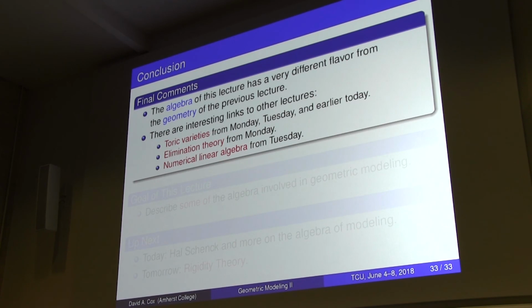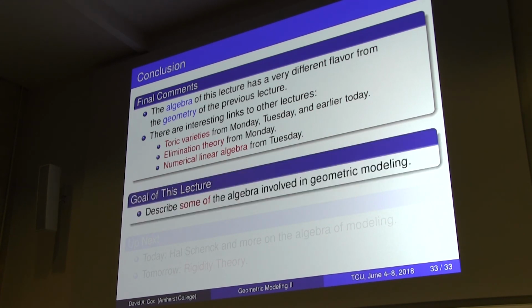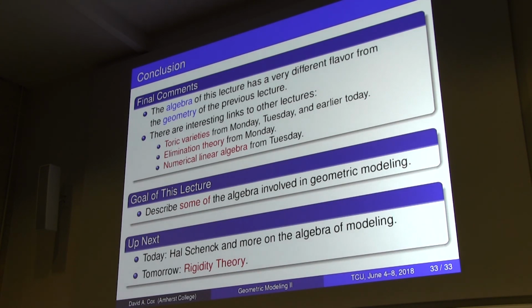We saw some elimination theory, and also with the curved surface and surface-surface intersection, there's actually some numerical linear algebra working there in what you have to do with those algorithms. So there's a lot of stuff that's tied up in this, and I wanted to show you some of the algebra. It's not all of it. Like I say, you'll see some more with Hal this afternoon. And then tomorrow we do rigidity theory. So that's it for today.